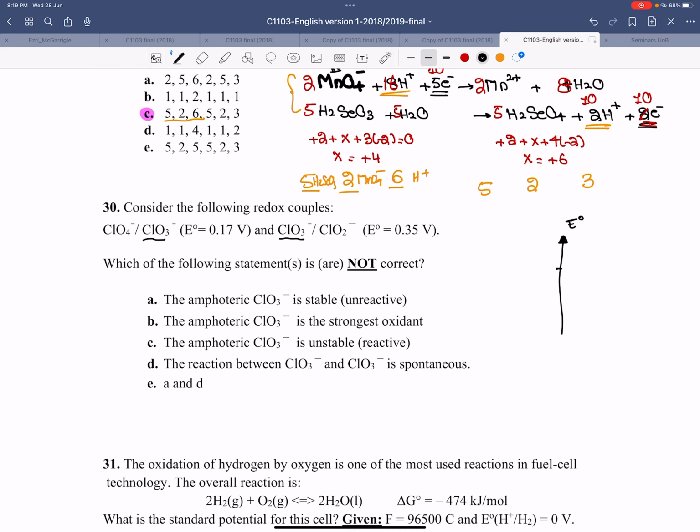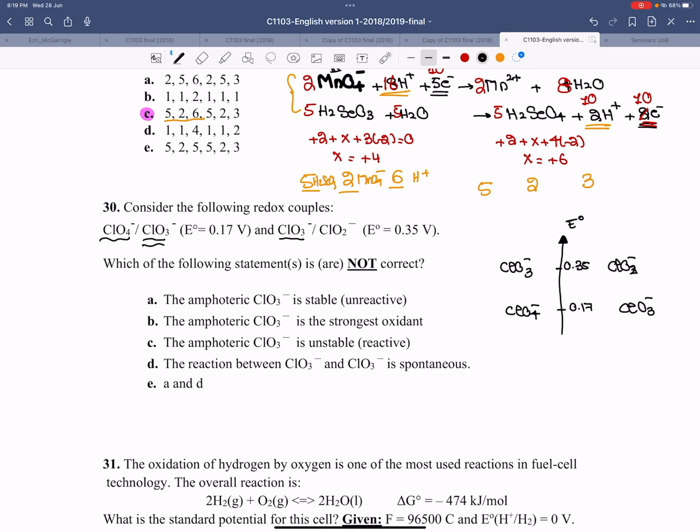So that's 0.35, ClO3 minus, ClO2 minus, 0.17. You don't have to do this. I'm just showing you how it's done. So ClO4 minus, ClO3 minus, it's how we write the couple.